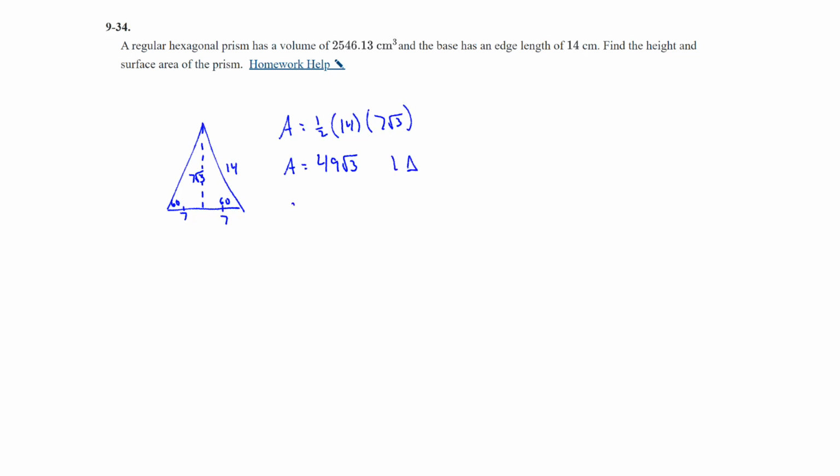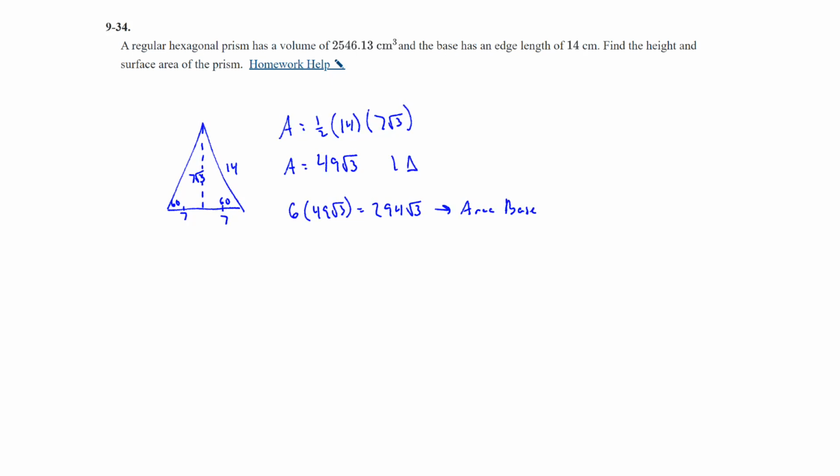And I need 6 of them, so 6 times 49 times the square root of 3 would be equal to 294 square roots of 3. That's the exact area, so this is the area of the base of the hexagonal prism.